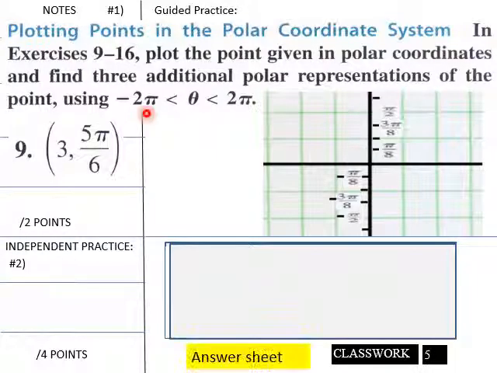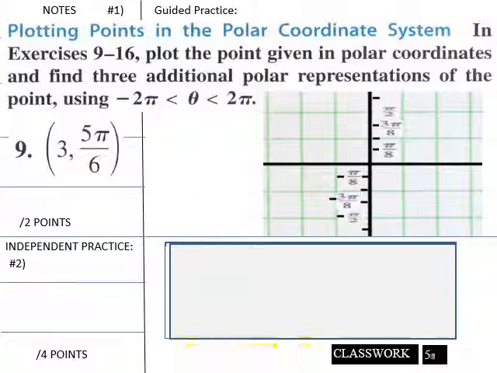So let's try one. In these exercises, plot the point given in polar coordinates and find 3 additional polar representations of the point using negative 2 pi less than theta less than 2 pi. So we have this situation here: 3 and then 5 pi over 6.